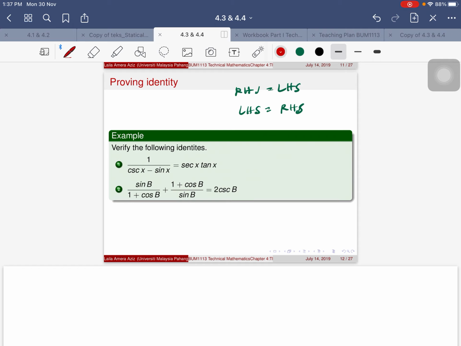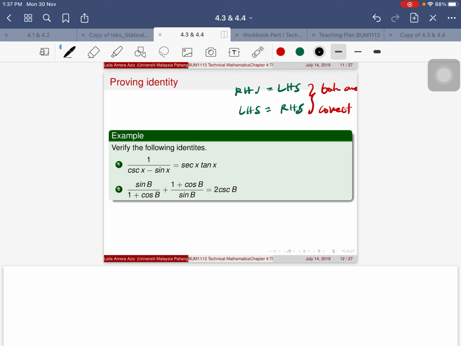No matter what you did, both of them are correct, as long as you actually prove that both sides are the same after applying certain properties. So whether you prove that this one is going to equal secant x tangent x, or secant x tangent x is going to equal this fraction, both of them are possible. It is up to you, whichever one you are more comfortable with.